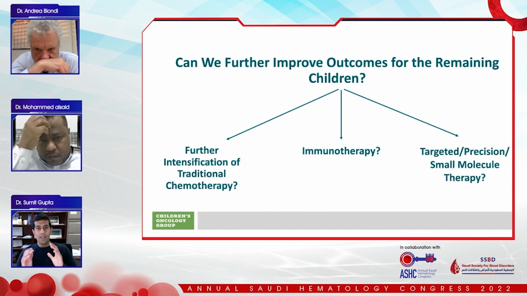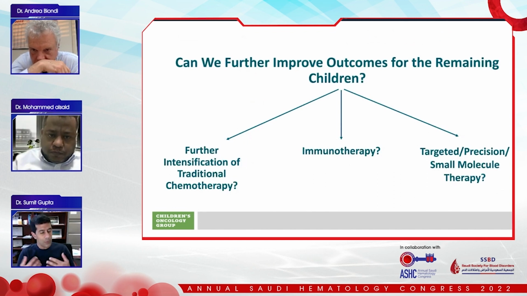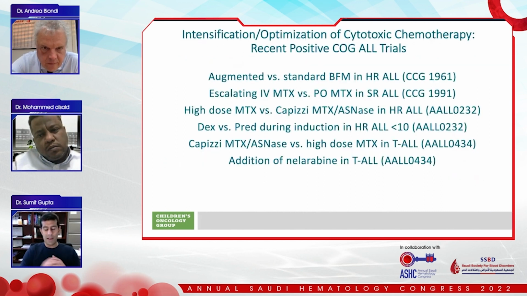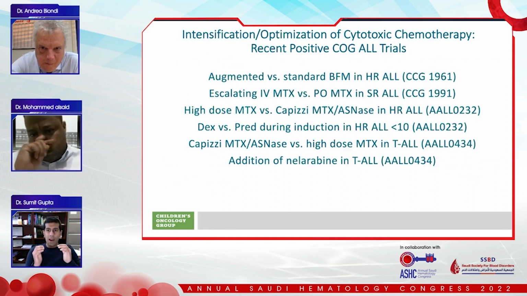So the big question, though, is can we further improve outcomes for the remaining children? And we really have 3 potential ways of doing that: further intensifying traditional chemotherapy, immunotherapy, or targeted therapy. So when we talk about traditional chemotherapy, I think it's worthwhile having 2 quick slides about some positive versus negative trials in the recent COG history where we've tried to intensify or optimize traditional cytotoxic chemotherapy.